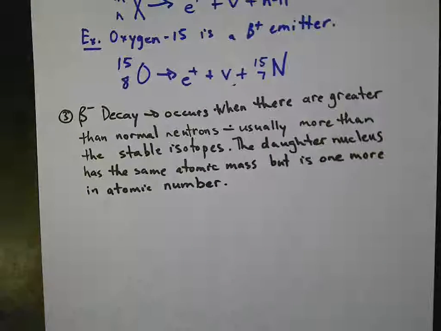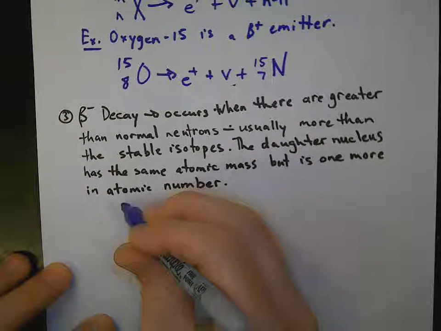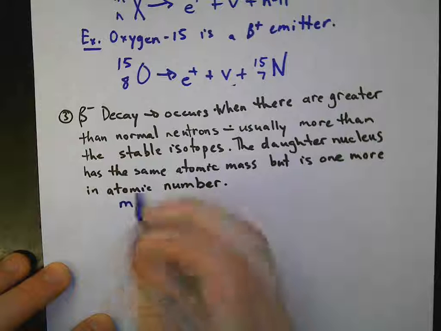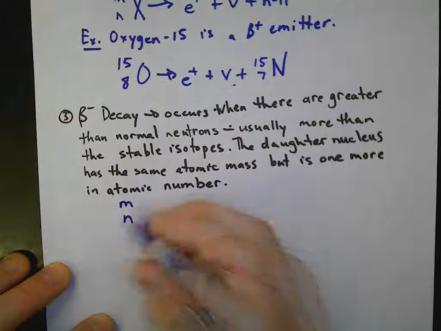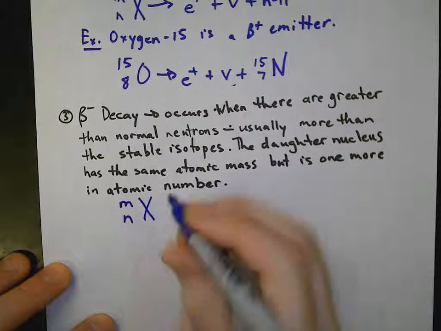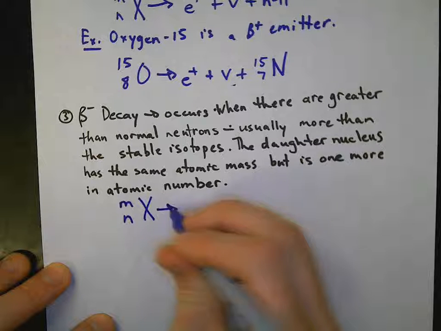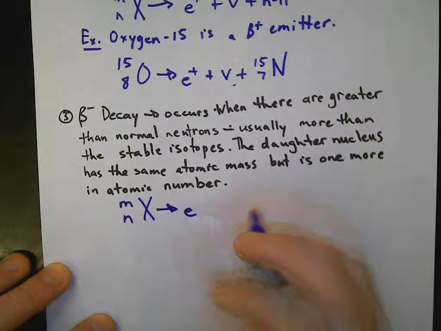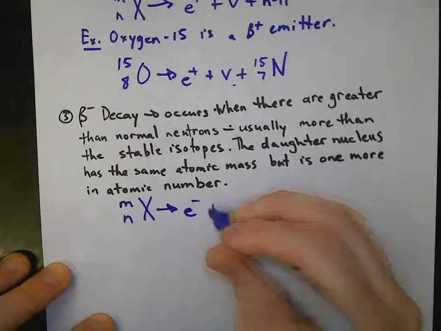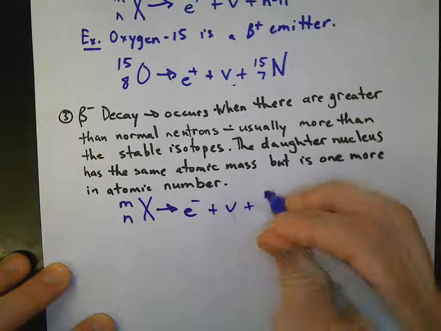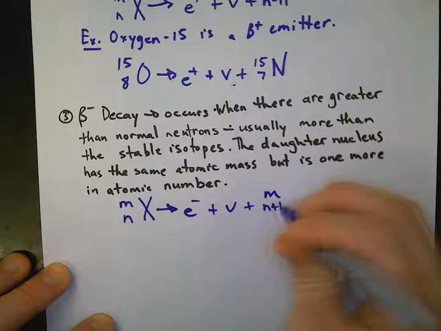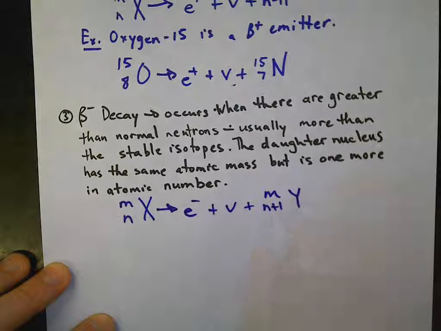What this is with our parent isotope, X, we get our electron given off, our neutrino, and what we end up having is our new daughter isotope, which has an atomic number 1 more.